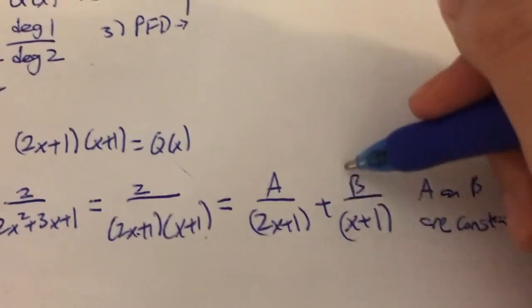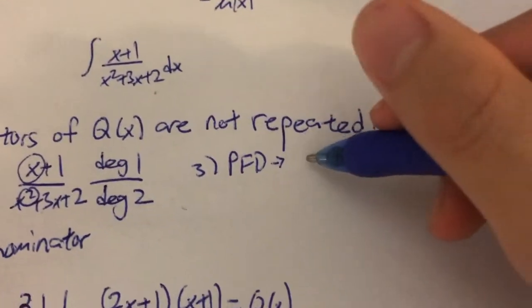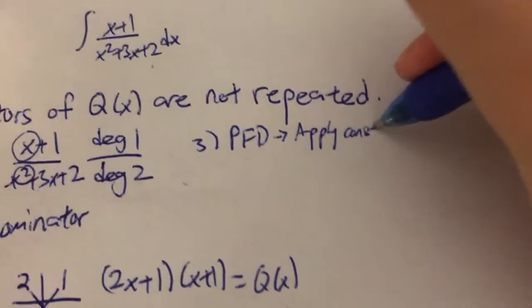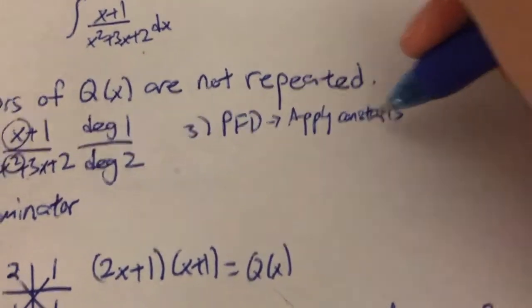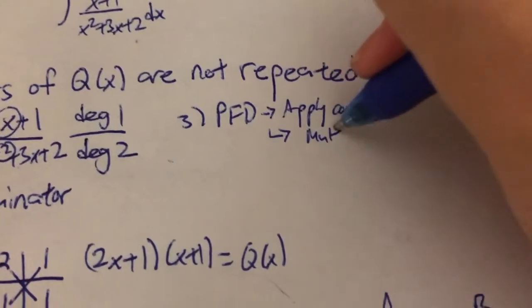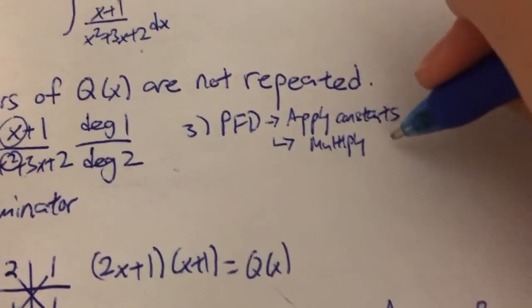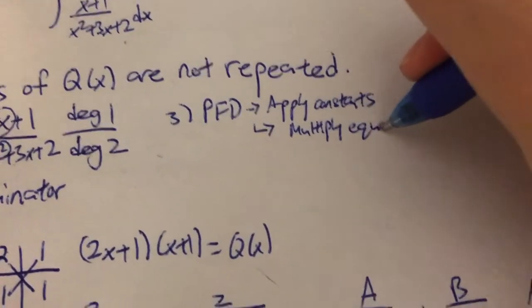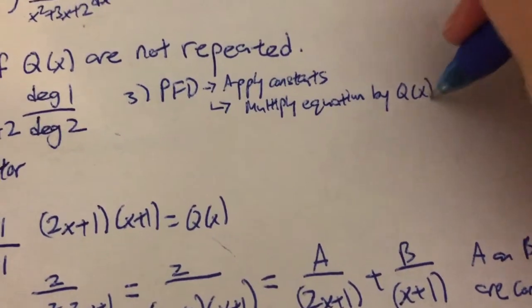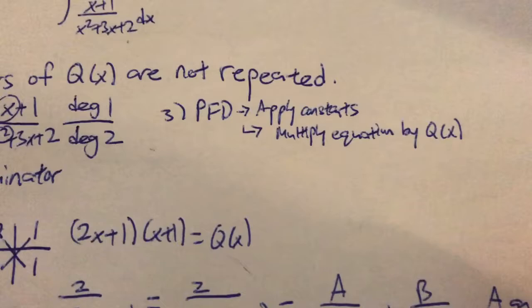Denominator degree is 1, must be 0 over here, okay? So first of all, apply constants, and then the next step I would say is to multiply the entire equation by q of x. Okay, multiply the entire equation by q of x.